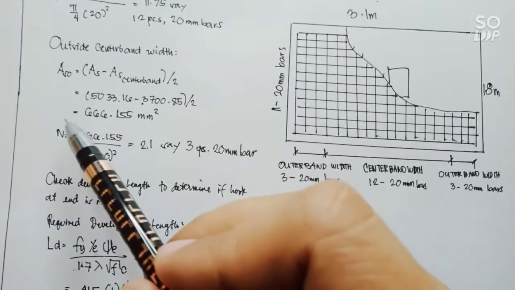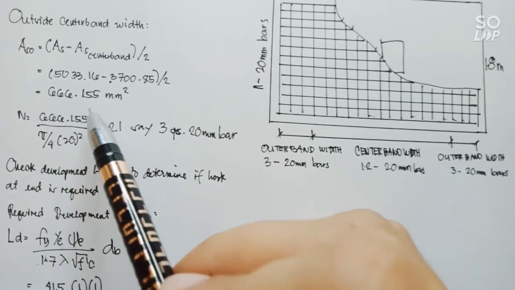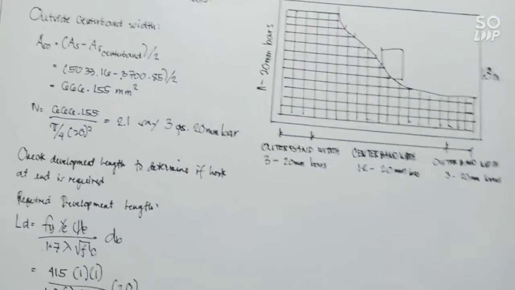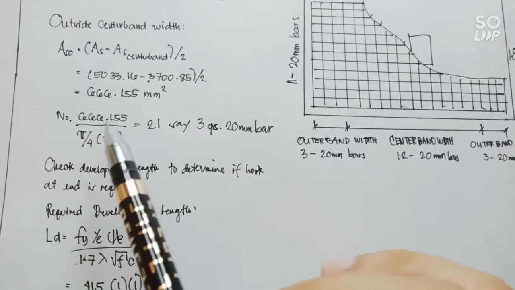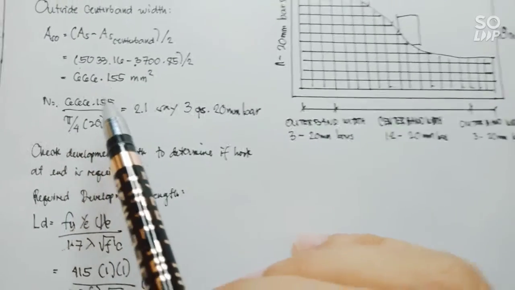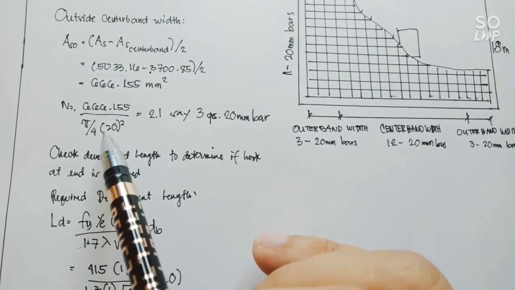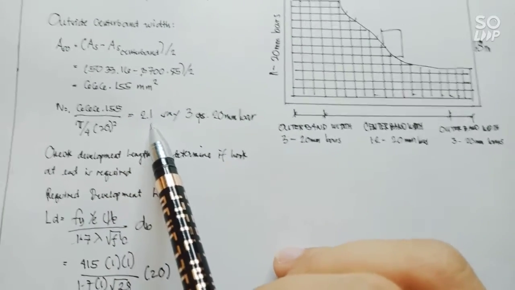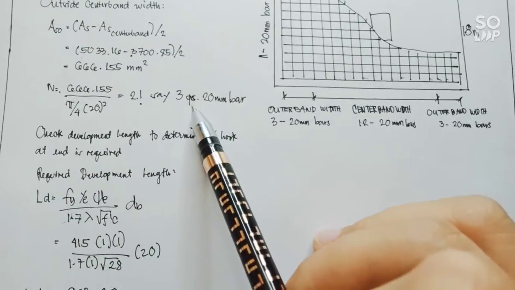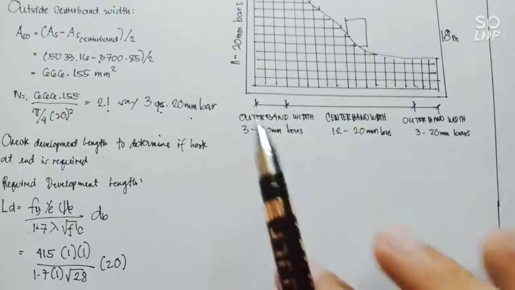So our outside center band is 666.155 millimeters squared. For the number of the outer band steel bars, we use this formula again: 666.155 divided by the area of the steel bar that has the diameter of 20 squared. So we have 2.1. So let's say it is 3 pieces of 20 millimeter diameter steel bars.